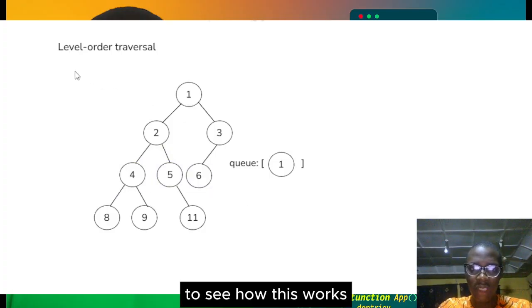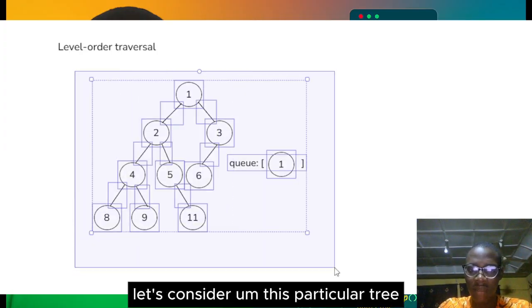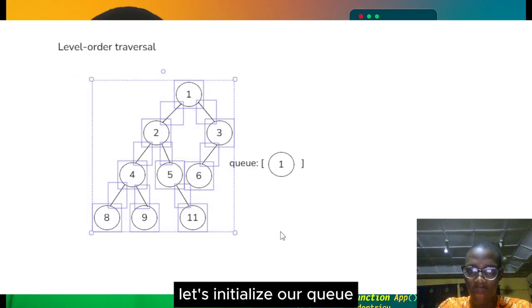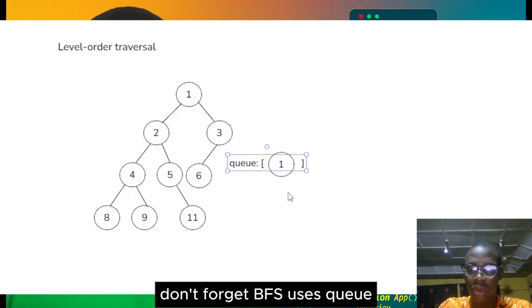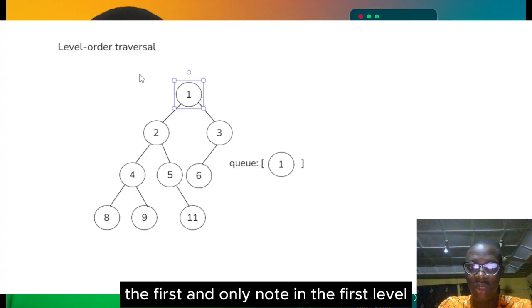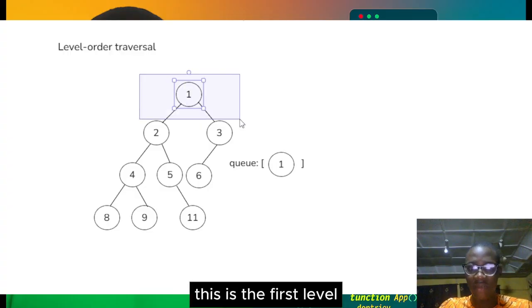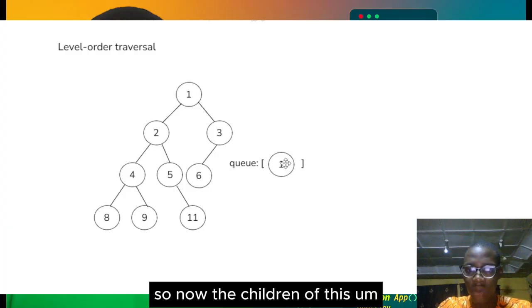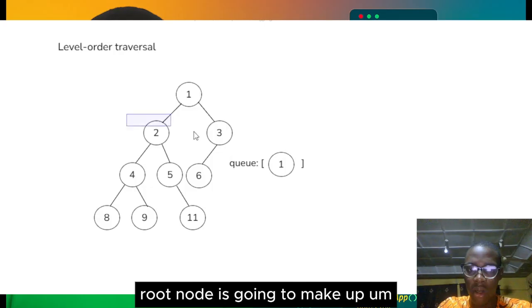To see how this works, let's consider this particular tree below, and let's initialize our queue. Don't forget BFS uses a queue, so let's initialize the queue with the root node, which is the first and only node in the first level. Now the children of this root node are going to make up the next level.